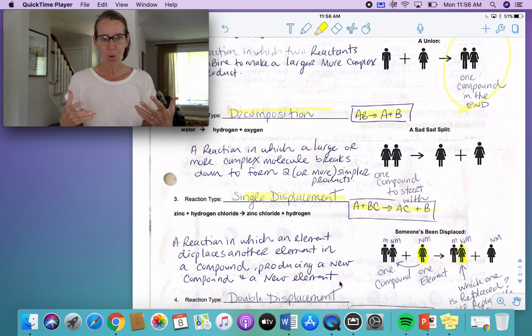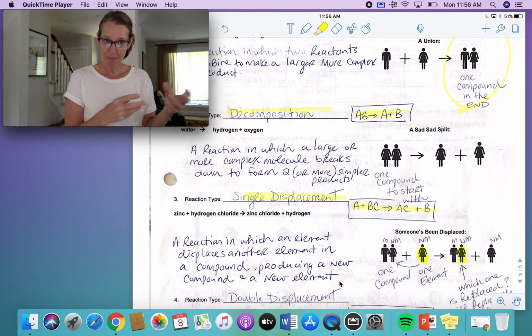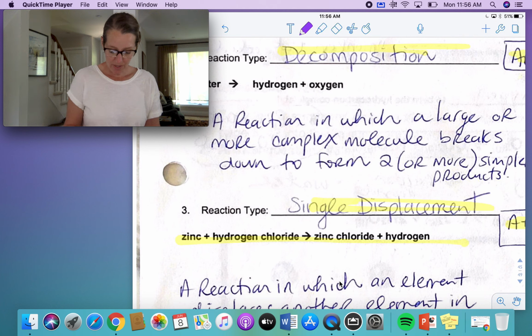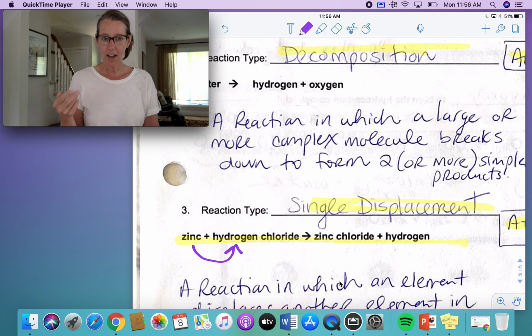How do you know which element gets kicked out? You want to recognize that metals react very similarly, and then nonmetals react similarly. So in this example, if I have zinc and hydrogen chloride, I know that the zinc is going to kick out the hydrogen because in this compound, hydrogen chloride, the hydrogen is actually acting like the metal because it comes first in the name.